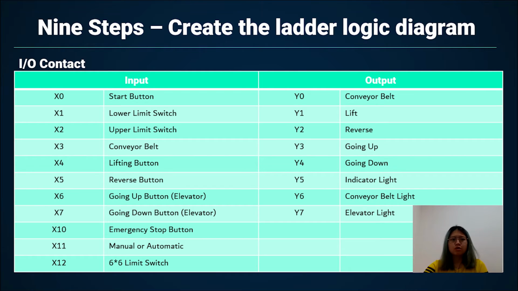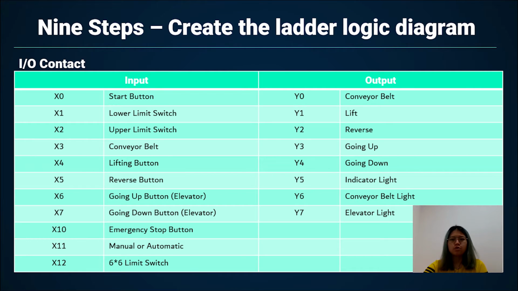This is our I/O contact table. For our inputs, we have X0 is start button, X1 is lower limit switch, X2 is upper limit switch, X3 conveyor belt, X4 lifting button, X5 reverse button, X6 going up button for the elevator, X7 going down button for the elevator, X10 emergency stop button, X11 manual or automatic, X12 6x6 limit switch.